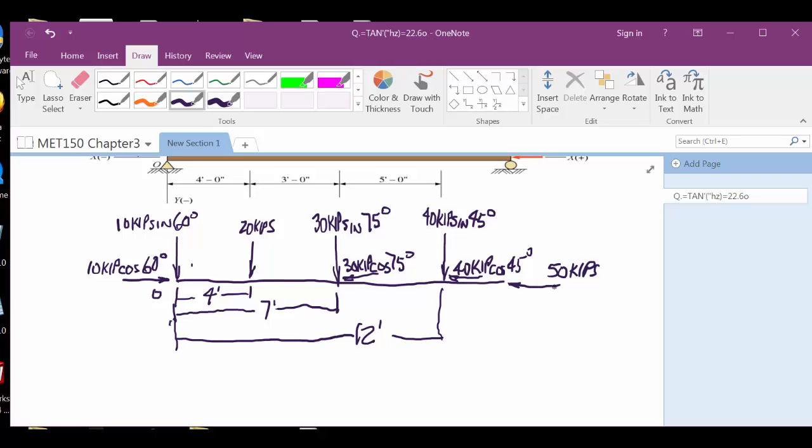And we're going to have to find out what that resultant force is, what the angle is, and then how far from the left side or the right side it's located. So that's what this section's about. Because you're not always going to have just straight up and down or straight left and right forces, right?